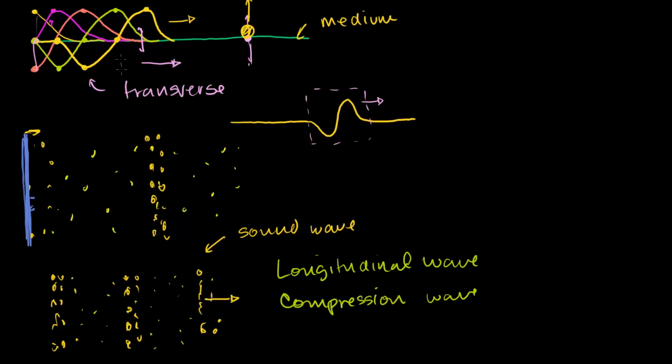Now, in this first example, I just did one cycle. I just jerked up, down, and back again, and I created this one disturbance. When you just do it once, you can view this as a wave pulse.